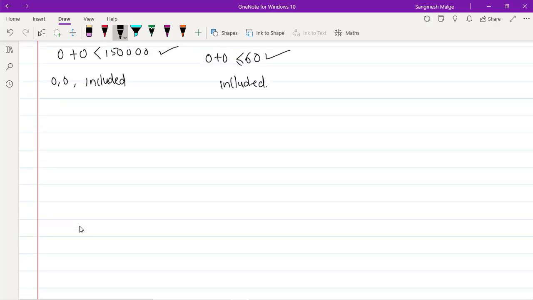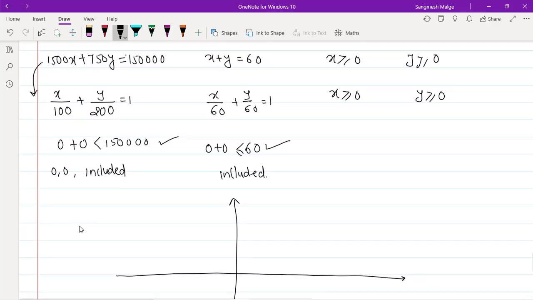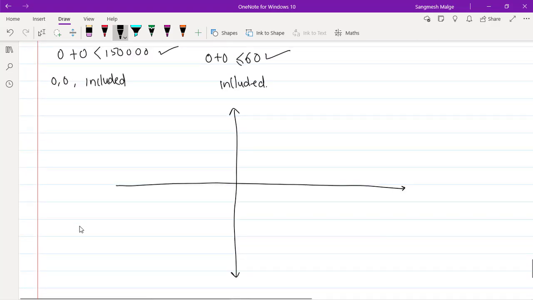Now let's draw the coordinates. So we have the x-axis and we have the y-axis, and let's plot these figures now. So 100 and 200, 100 on the x-axis and 200 on the y-axis. So let's join these two points.